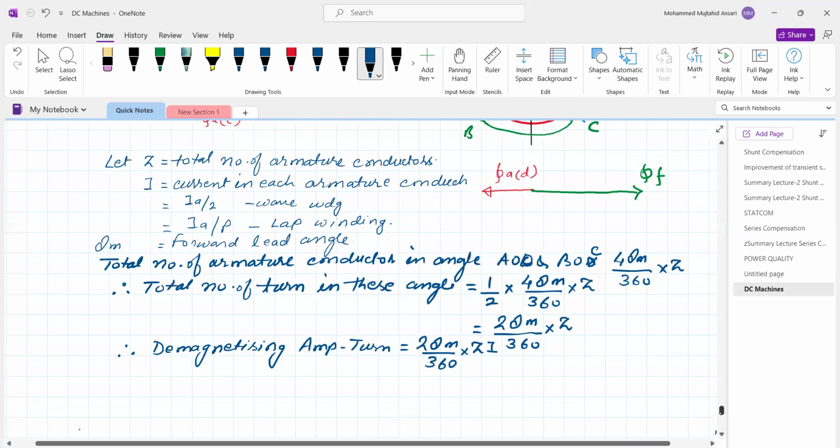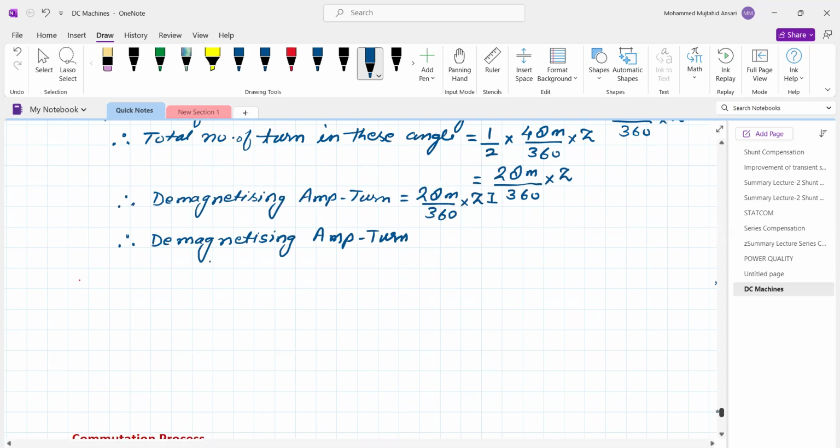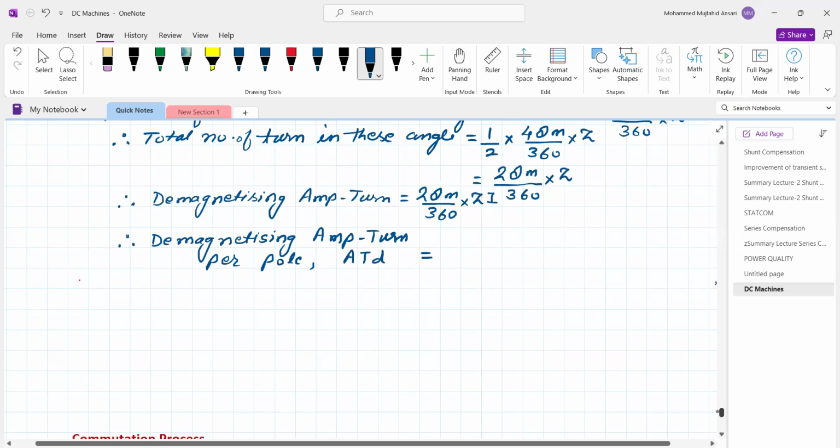so we can write demagnetizing ampere turns per pole, or we can say that ampere turns for the demagnetizing equals this divided by 2, because there are 2 poles.